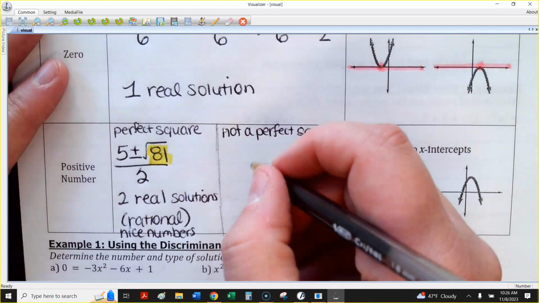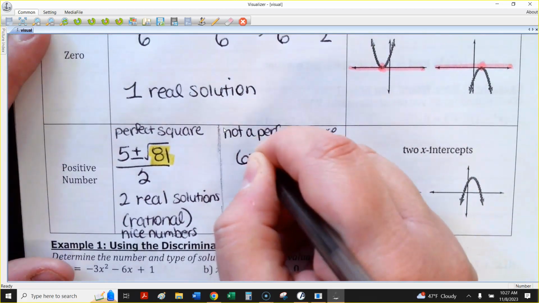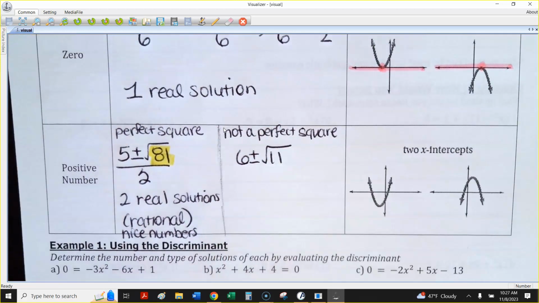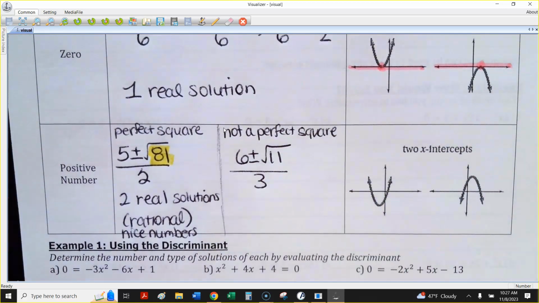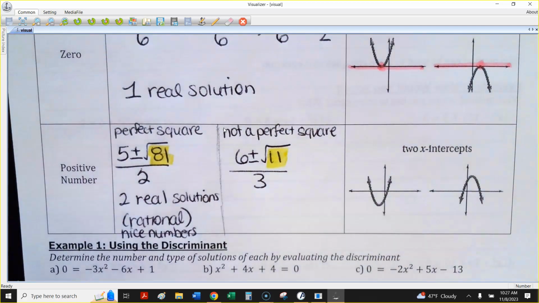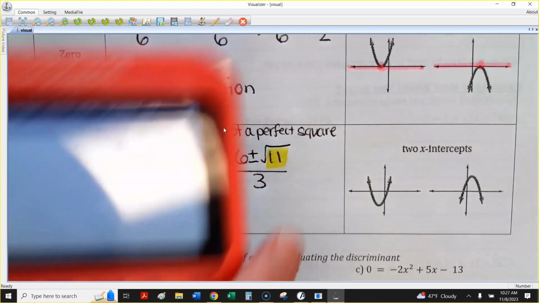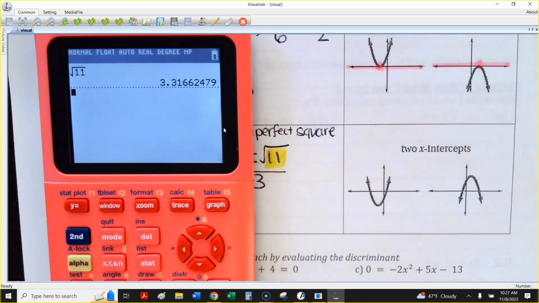Now, if I don't have a perfect square, again, I'm just making something up. Let's say I had 6 plus or minus the square root of 11 over 3 or something. Anything that is not a perfect square, like 11 as an example, if you take the square root, has a decimal that goes on forever with no pattern.